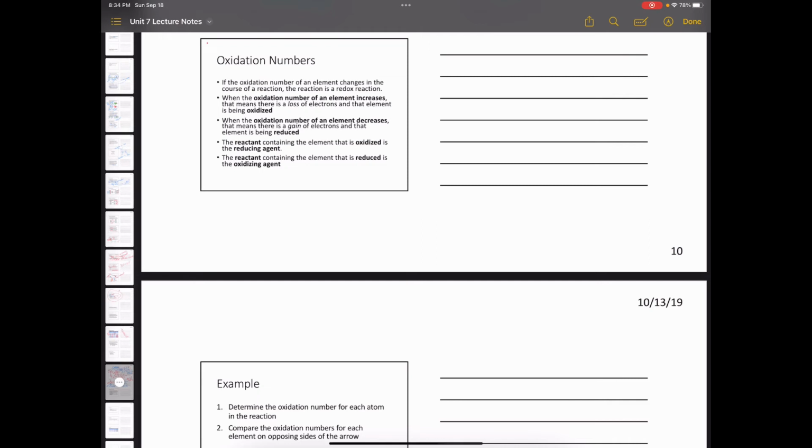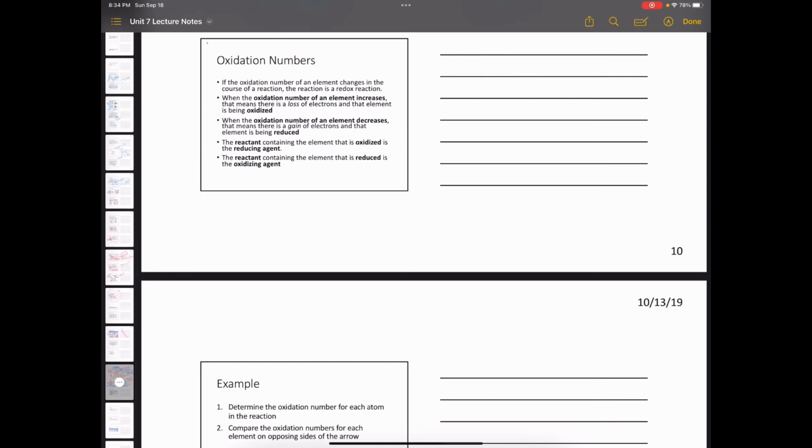So when the oxidation number is increasing, that means we're having more protons than electrons. That means we lost the electrons, so the element has been oxidized. On the other hand, if the oxidation number of an element decreases, that means you're gaining, you're accepting electrons, so that means it's reduced.